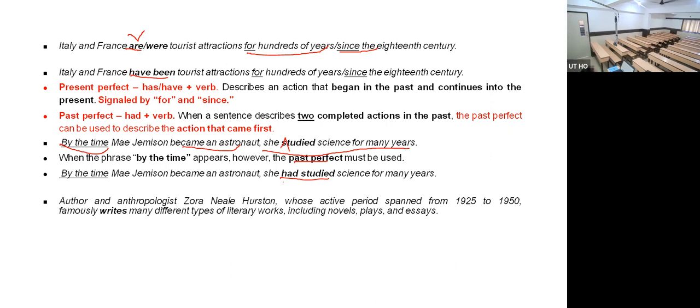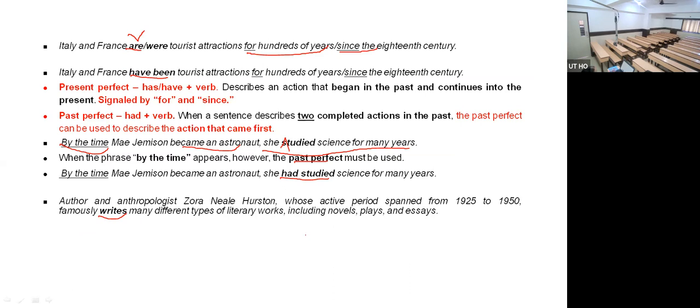Now, if you look at this one: author and anthropologist Zora Neale Hurston, whose active period spanned from 1925 to 1950, famously writes many different types of literary works, including novels, plays, and essays. Now here we have writes. That's a verb.